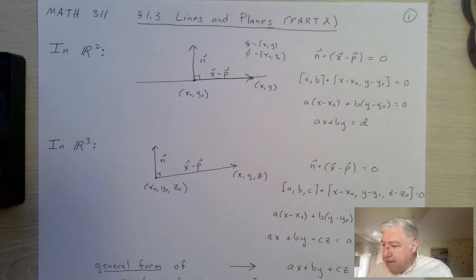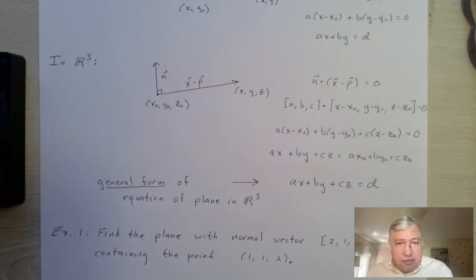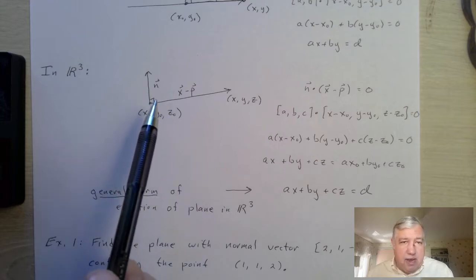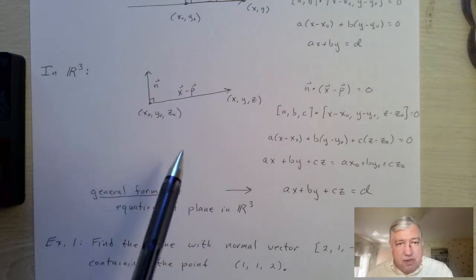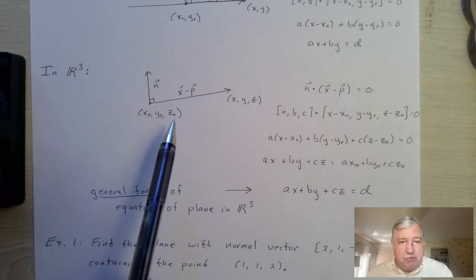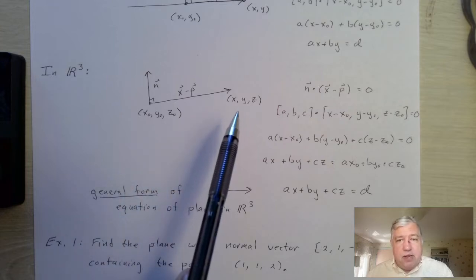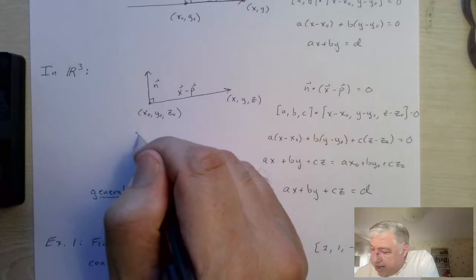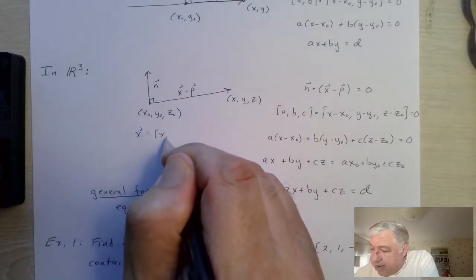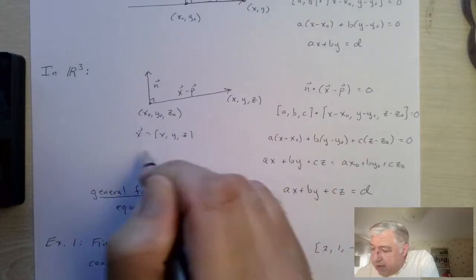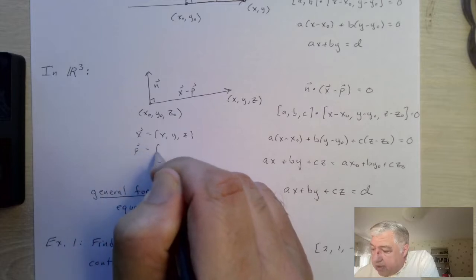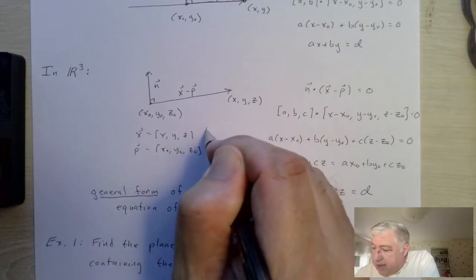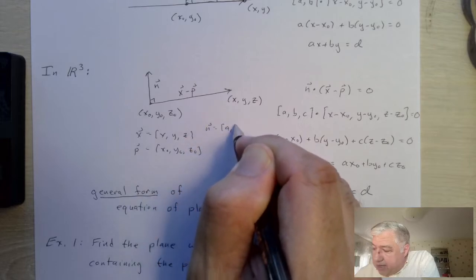Well, we can do the same thing in 3 dimensions. If we take n to be a 3-dimensional vector and take a point in 3 space, then we can let x be x, y, z, and p be x0, y0, z0, and n be a, b, c.